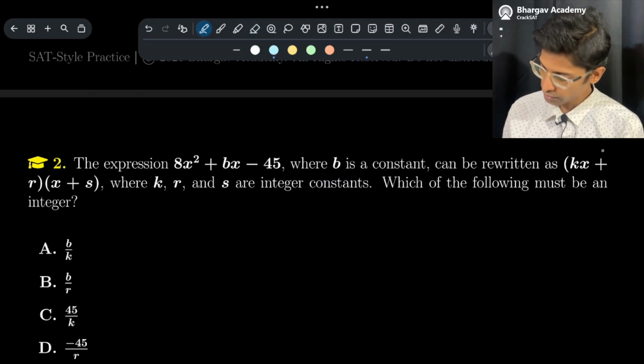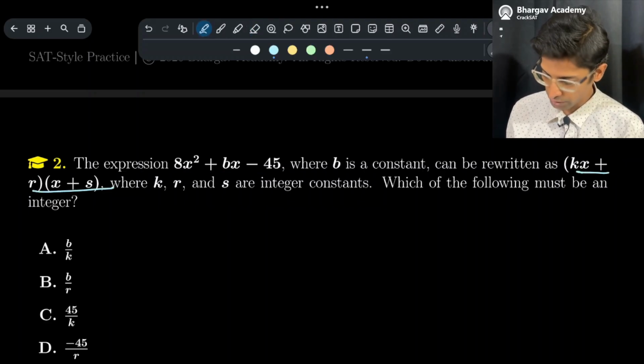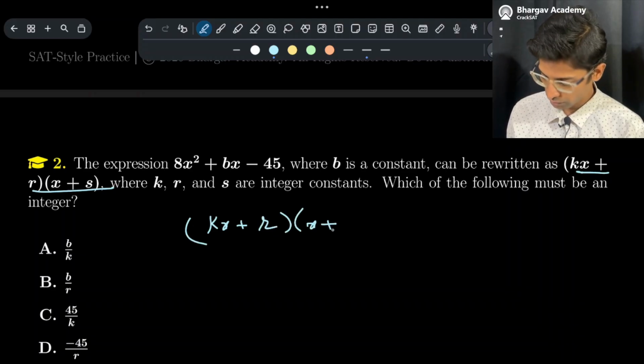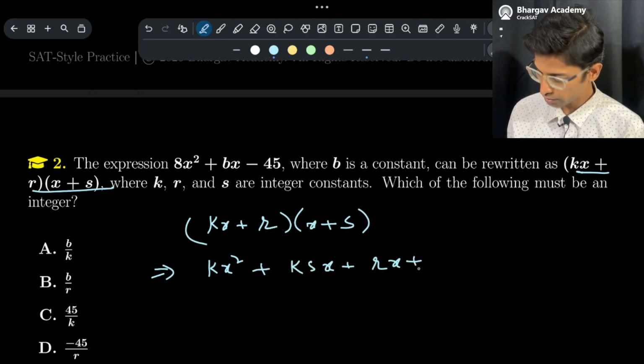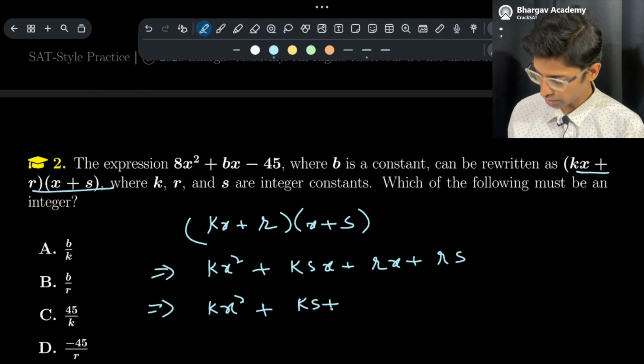First thing is I will take this expression and multiply the terms: kx square plus ksx plus rx plus rs, and we have kx square plus (ks plus r) into x plus rs.